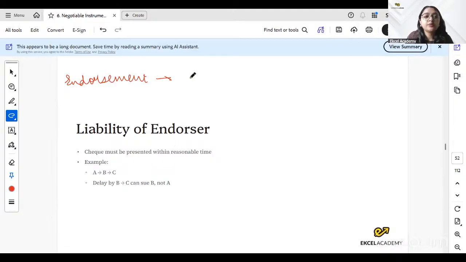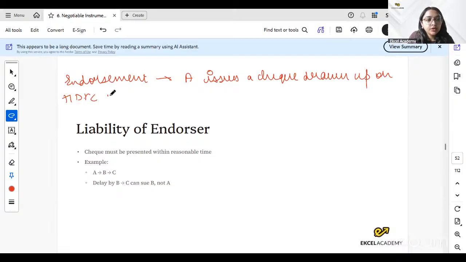So endorsement. Let's say, for example, A issues a check drawn upon HDFC Bank in favor of B. So who is the drawer here?